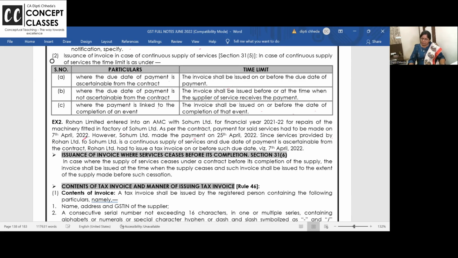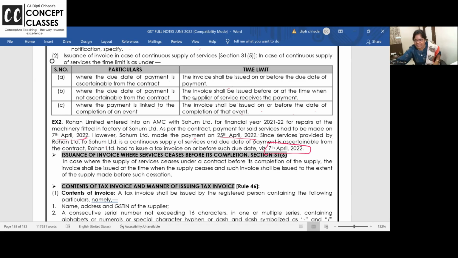Since services were provided by Rohan to Soham continuously and due date of payment is ascertained, due date of payment is 7th. जब due date fixed है, तो every due date I need to issue you the bill. If due date is not there, then date of payment, as and how the recipient of service is giving payment to supplier. So here the due date is decided. Payment बाद में हुआ तो क्या हुआ? Due date is the date when invoice should have been issued by the service provider.